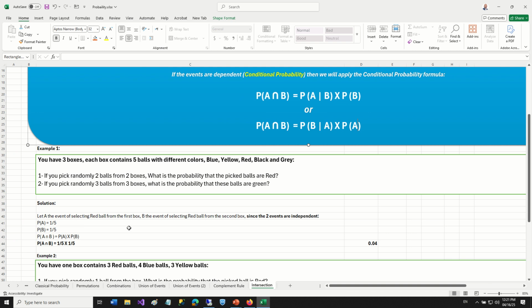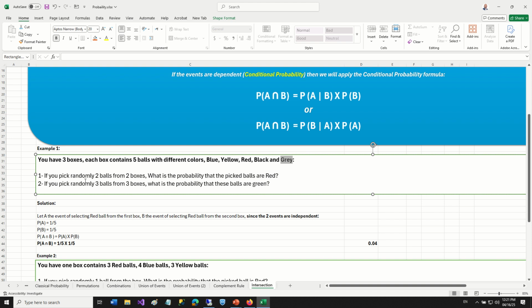Let us have a look at this example. You have 3 boxes. Each box contains 5 balls with different colors: blue, yellow, red, black, and gray.